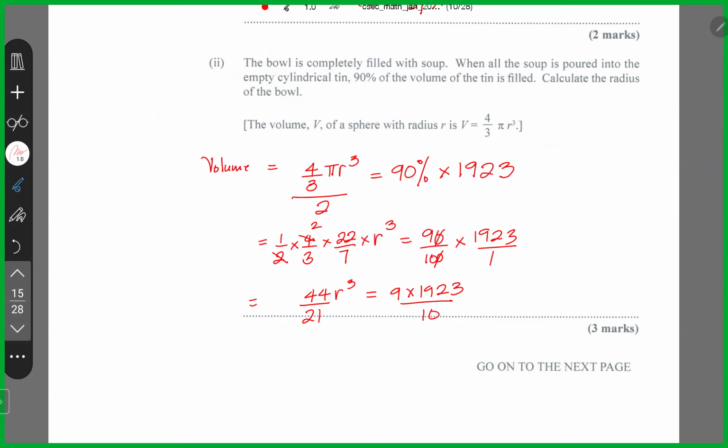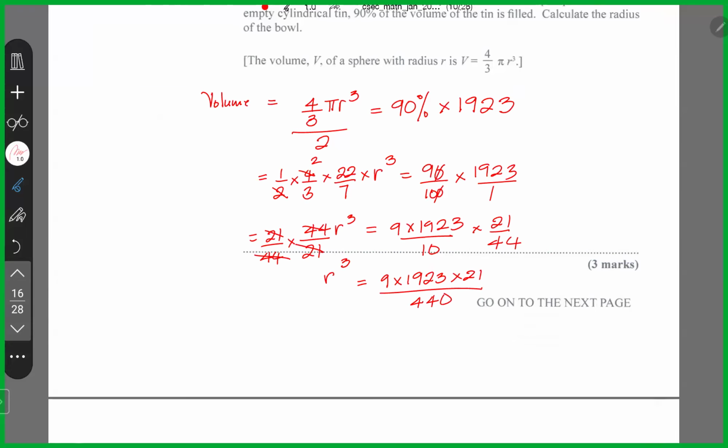Next, I'm going to multiply both sides by 21 over 44. Well, this is going to get rid of the fraction on the left side so that I have r cubed on the left is equal to 9 times 1923 times 21 all over 440.